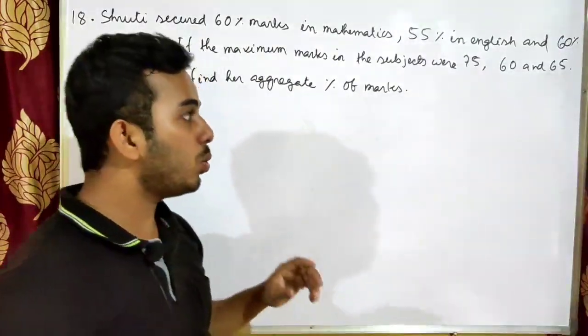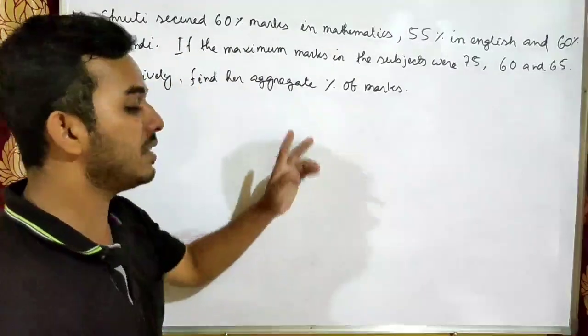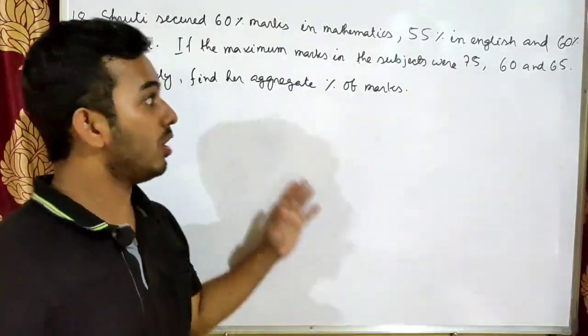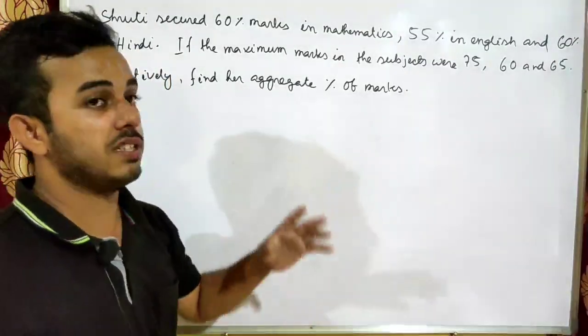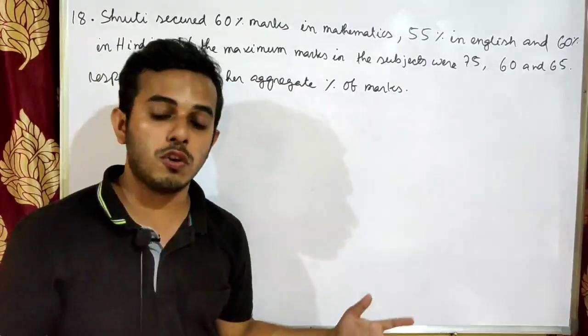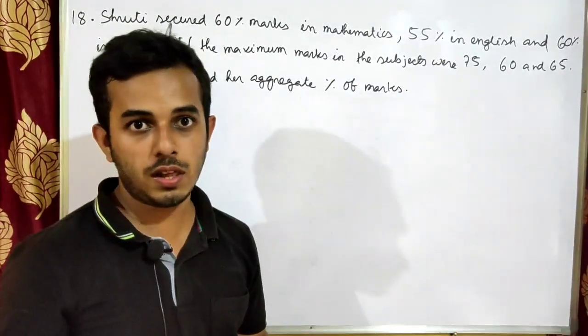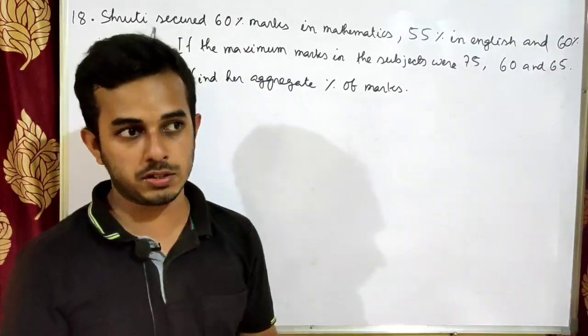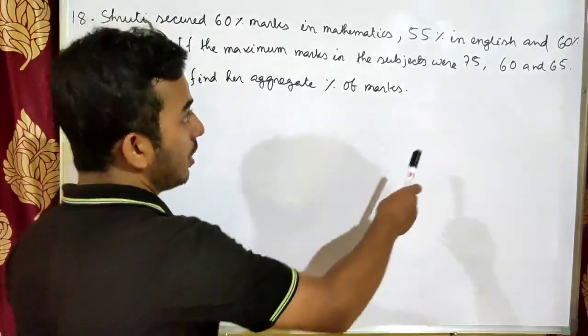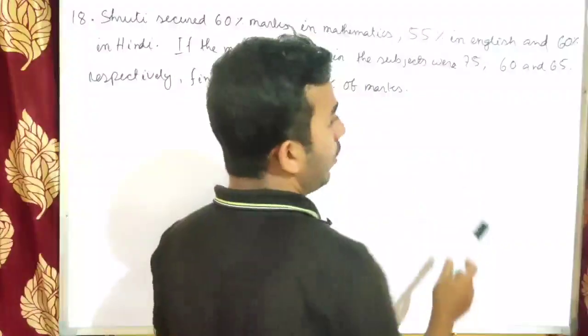Now what we have to find? Her aggregate percentage, that is total percentage. For finding total percentage we have to find the total marks and marks obtained. Total marks is already here; if we add these three, it will be the total marks.